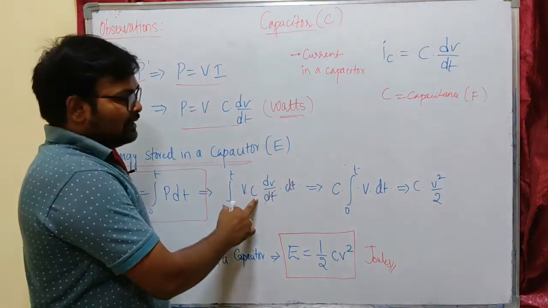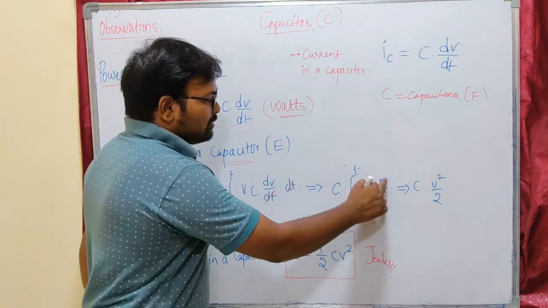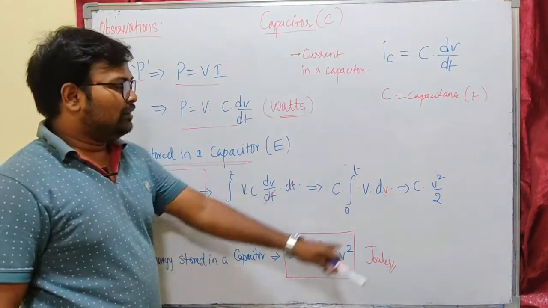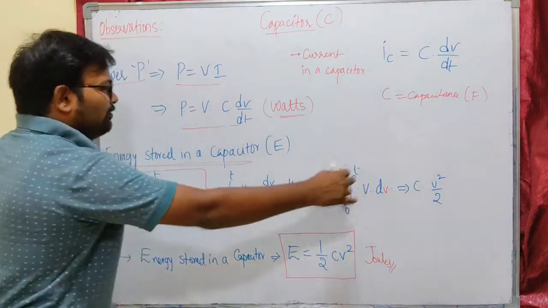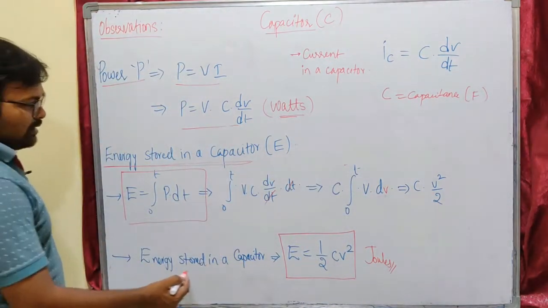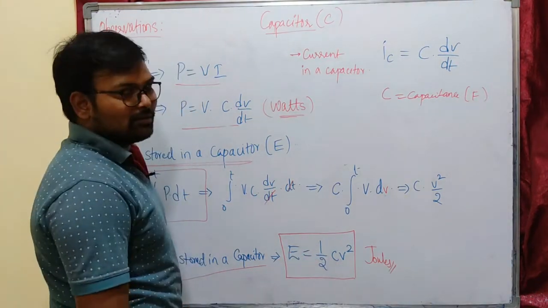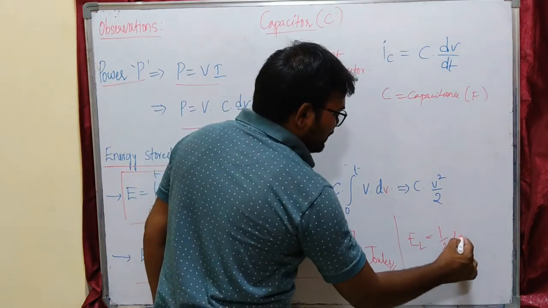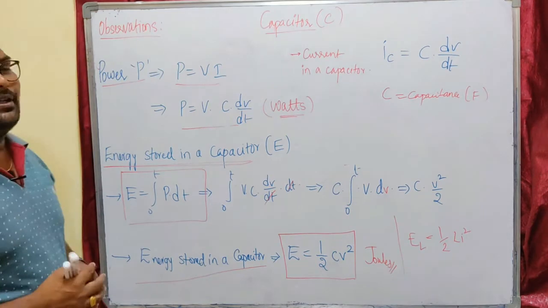Capacitance is constant here, so I am taking it out, and our integration will be from 0 to t with respect to v, v dv. If you integrate it, it will become v square by 2. So the energy stored in a capacitor is E equals half CV square, in joules. Energy stored in an inductor is EL equals half Li square, but energy stored in a capacitor is half CV square. So this is about the capacitor.